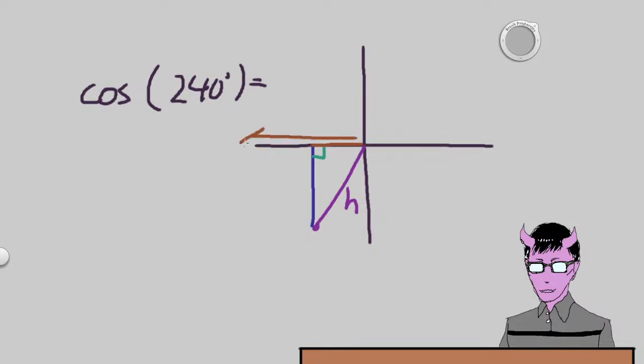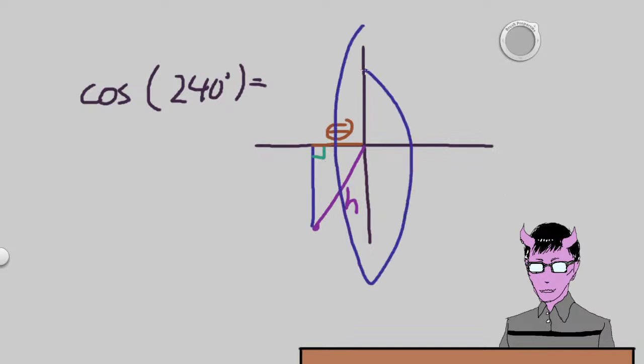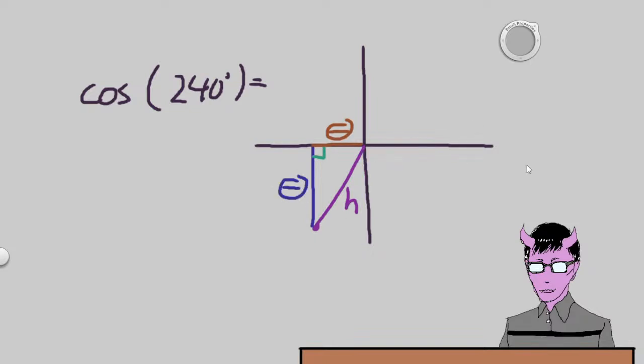X-axis is in the negative direction for the x-axis. Y-axis. This is below the x-axis, traveling downwards, so this value is also negative. Alright. What is this angle again? Well, again, from here to here is 180, from here to here is 60, so 60 degrees is our reference triangle.